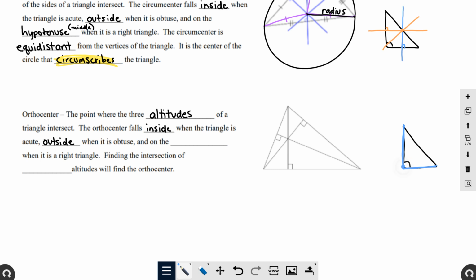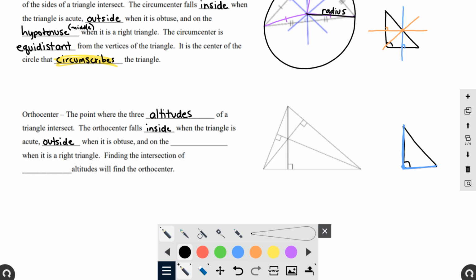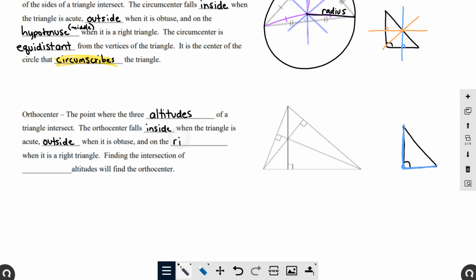They intersect at the right angle, at the bottom, yep. And so it is on the right angle when it is a right triangle. Because the altitude makes that straight up and down vertical line with your sides.